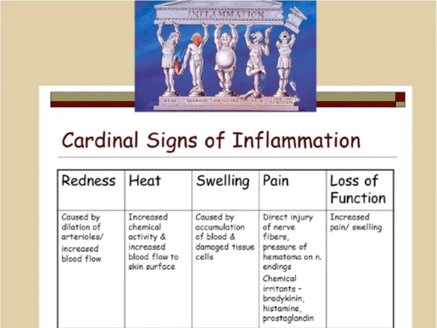Well, redness, because the mast cells released histamine and caused vasodilation and allowed fluid to leave the blood vessels and cells to leave the blood vessels to attack the foreign antigens. Heat. Well, the heat is from the increased blood flow to the area, right? So it's red because there's more blood to the area. There's heat because there's more blood flow to the area.